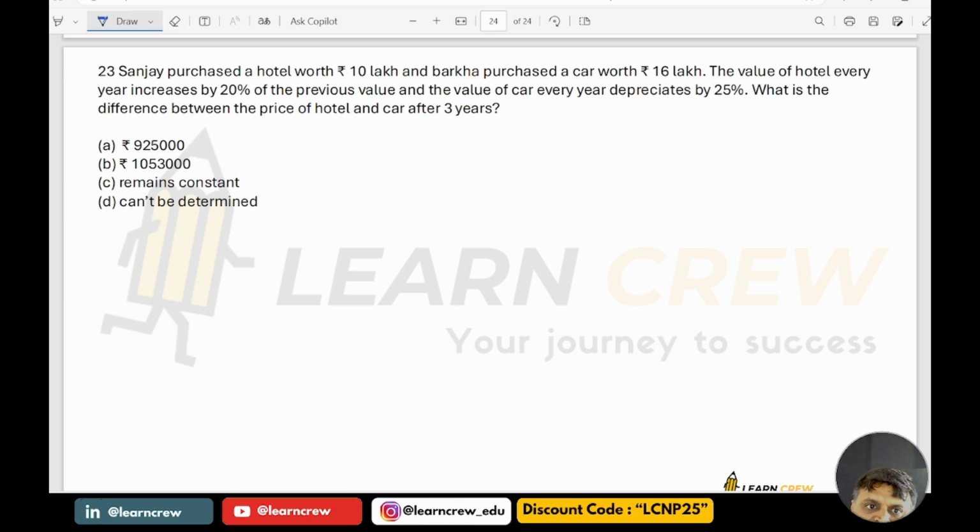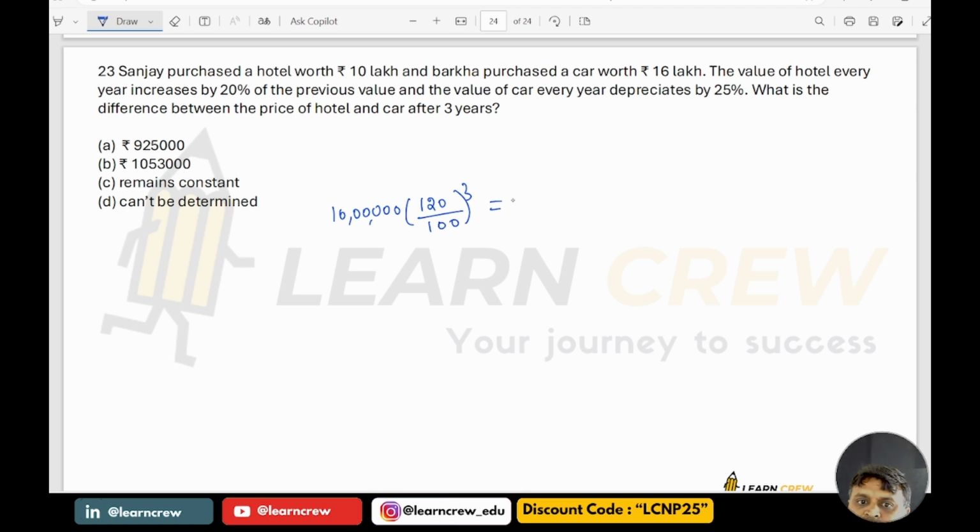What is the difference between the price of the hotel and car after 3 years? It is given that the value of the hotel increases at the rate of 20%. So 10 lakhs, which is the worth at the end of 3 years, is 120 by 100 whole cube.